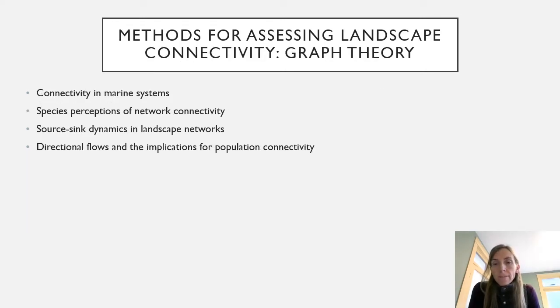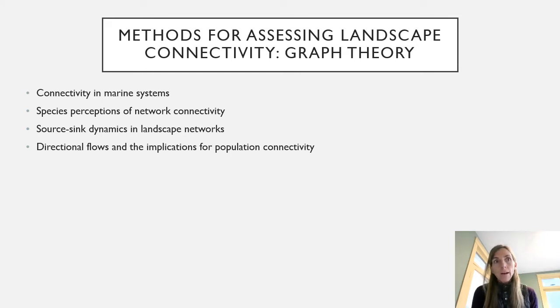So graph theory, because it includes more information about functional connectivity, has been used to describe such things as connectivity in marine environments, species perceptions of network connectivity. So it incorporates, as we said, that functional view of how the species views a landscape. We can incorporate source-sink dynamics, metapopulation dynamics in landscape networks, as well as directional flows.